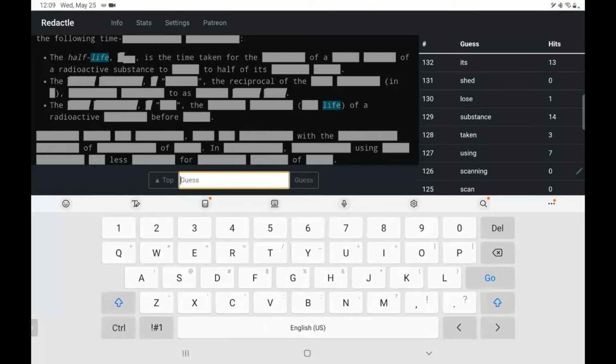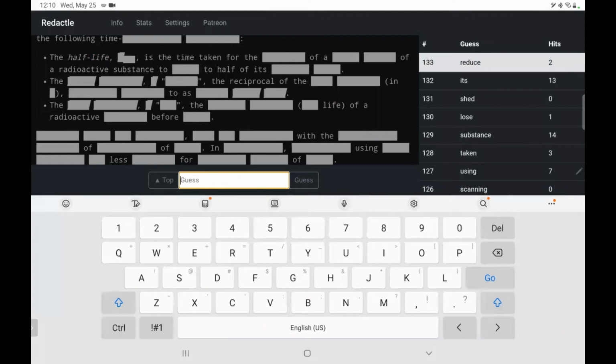What is this verb? A radioactive substance to something to have. Oh, to reduce. Well, we do have 2 of that.